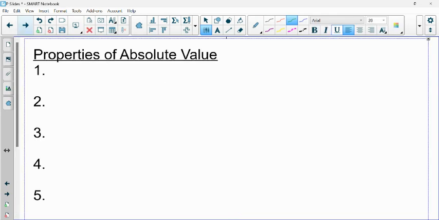All right, there's a couple properties of absolute values that we're also going to need to know. So, the title is Properties of Absolute Value.